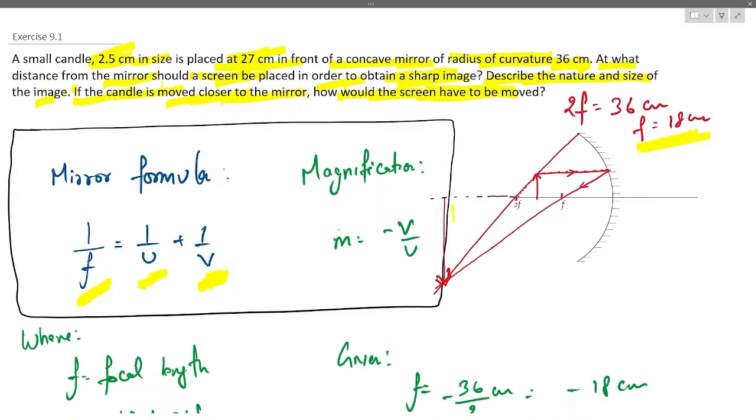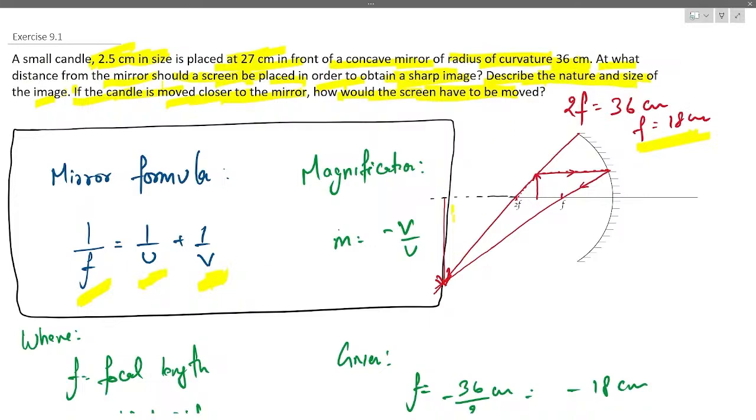Now we have got the value of v, that is where the screen should be placed. We have to find out the nature and size of the image. Since we have got the value of m, the size of the image equals magnification times the original size of the object, that is 2.5 times 2, that is 5 centimeter. And the nature of the image is real.